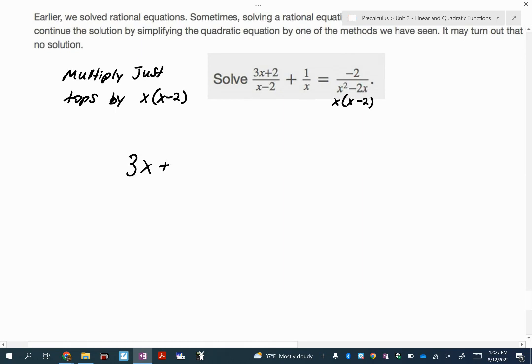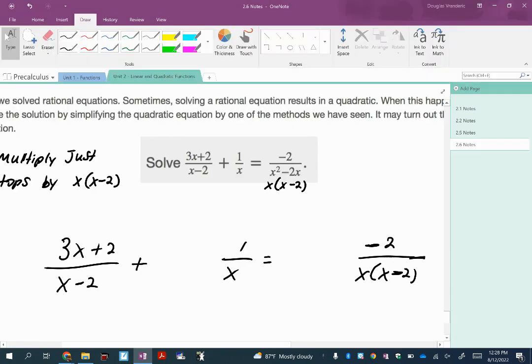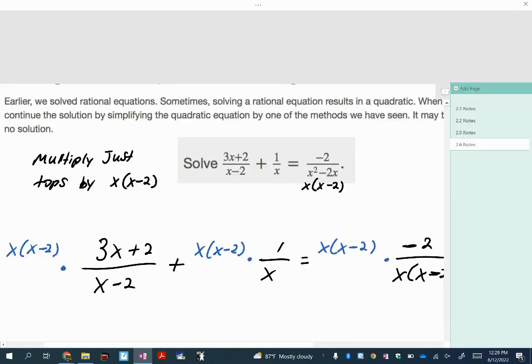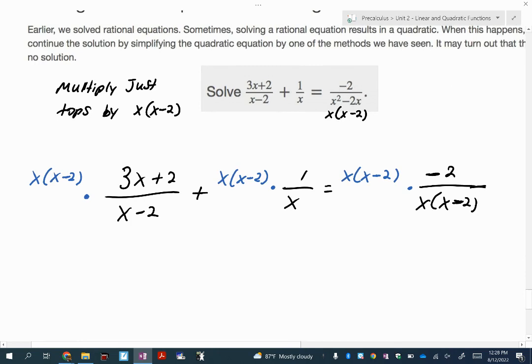So I'm going to do 3x plus 2 over x minus 2 plus 1 over x equals negative 2 over, and I'm going to write the factored version. Okay, so here's what I mean. Let me show you the process. So if I were to multiply all three of these, so this one by x times x minus 2, this one times x minus 2, and the last one, when I do this, right, when you multiply fractions, you can cross out by looking diagonally.